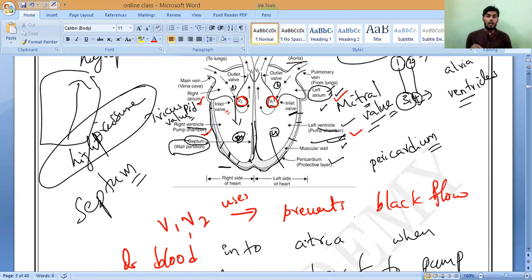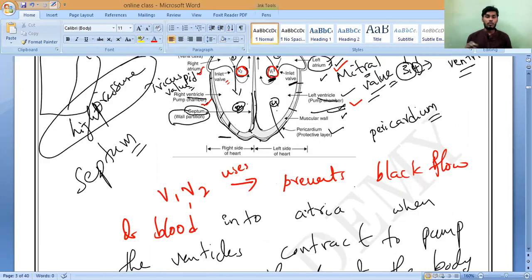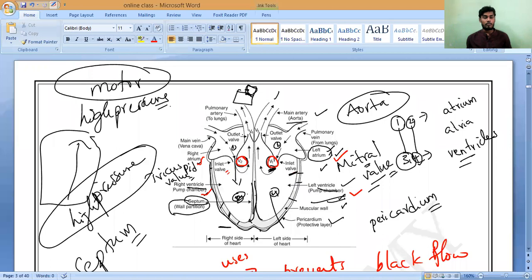Through which valve, V1 or V2? Here we have V1, that is called the mitral valve.